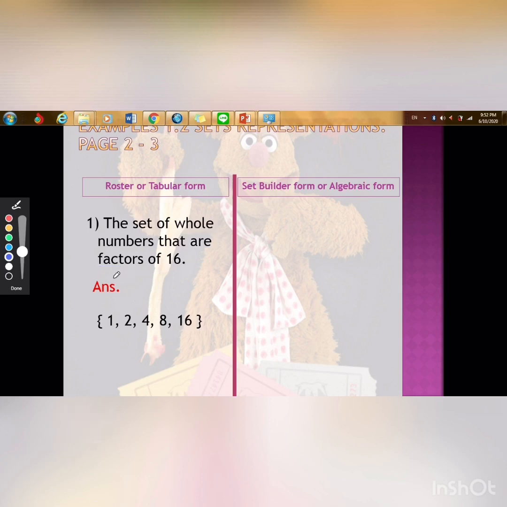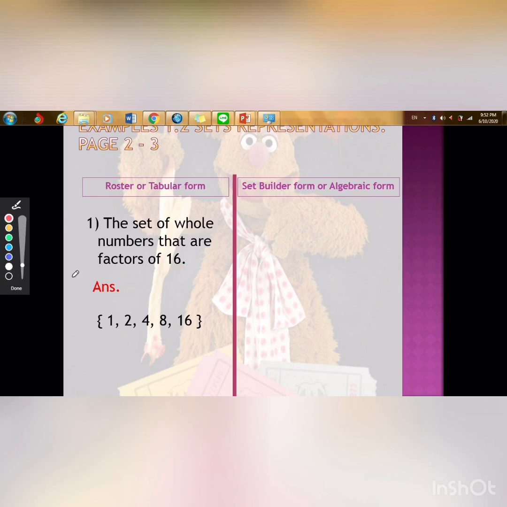So what is a factor? When you say factor, it means multiplication. So what numbers, when you multiply them to each other, will give you 16?